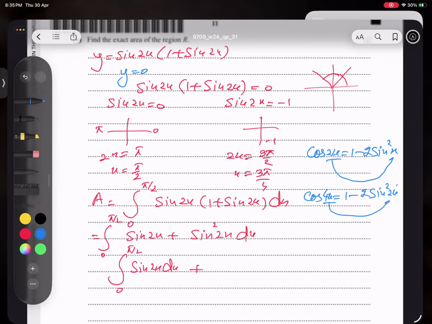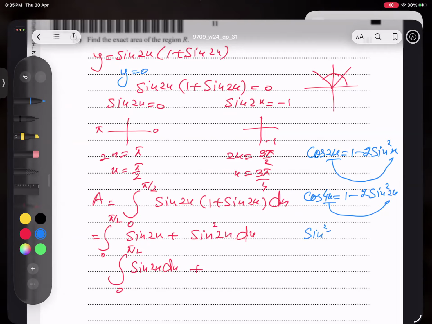I need to make this the subject. So sine square double x becomes 1 minus cos 4x divided by 2, which I'm going to replace now. Placing it here, 1 minus cos 4x divided by 2 dx, from 0 to pi by 2.